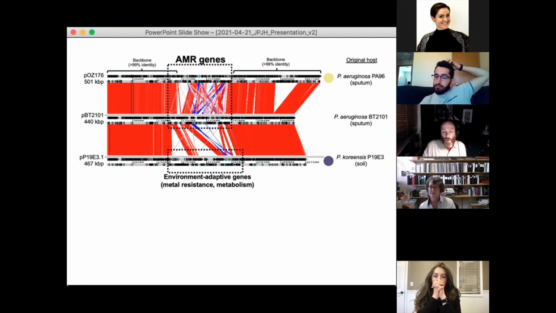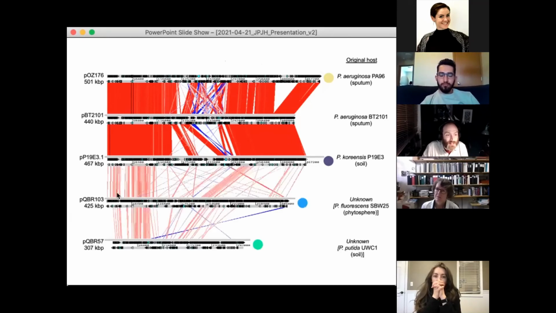And one reason I was really interested in these plasmids is that I identified that these are actually distant relatives of the two plasmids that I focused on in this talk, speaking to a diverse family of megaplasmids, which are all around us really, but are potentially accelerating this really recent problem of antimicrobial resistance.